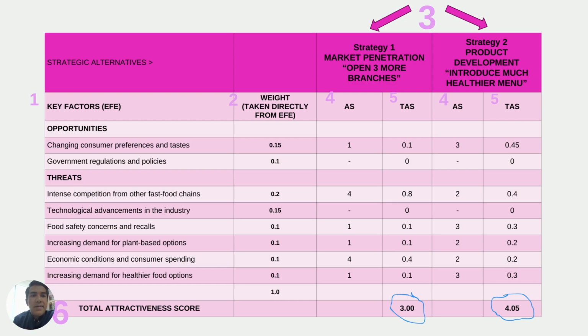The next step is how we are going to make the decision in terms of selecting which of the strategies would be most appropriate for this company given its existing operating environment.